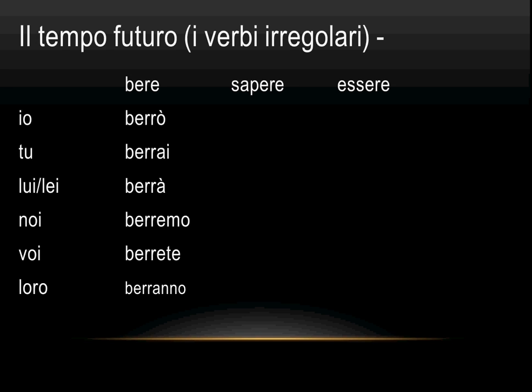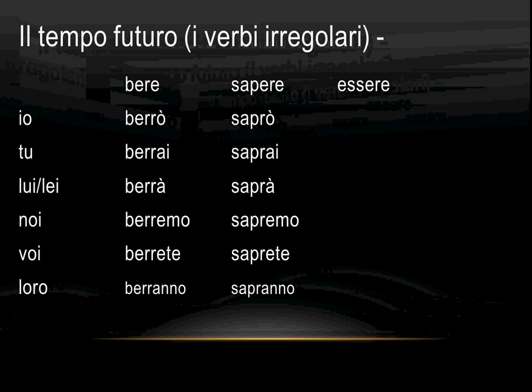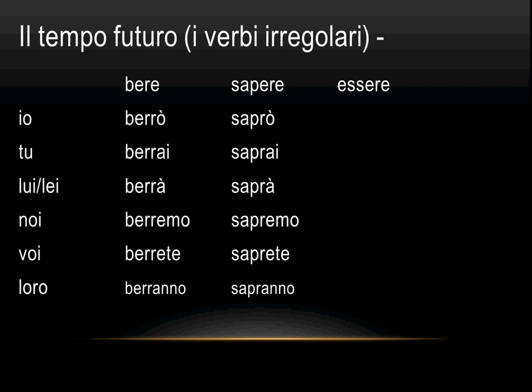We simply added the six true endings to the irregular verb stem. For sapere, we have saprò, saprai, saprà, sapremo, saprete, saprano. And for essere, the irregular verb stem for which is sar, we have sarò, sarai, sarà, saremo, sarete, saranno.